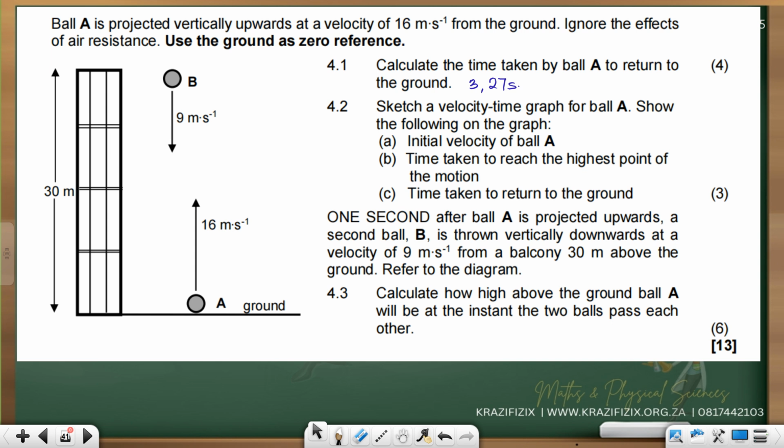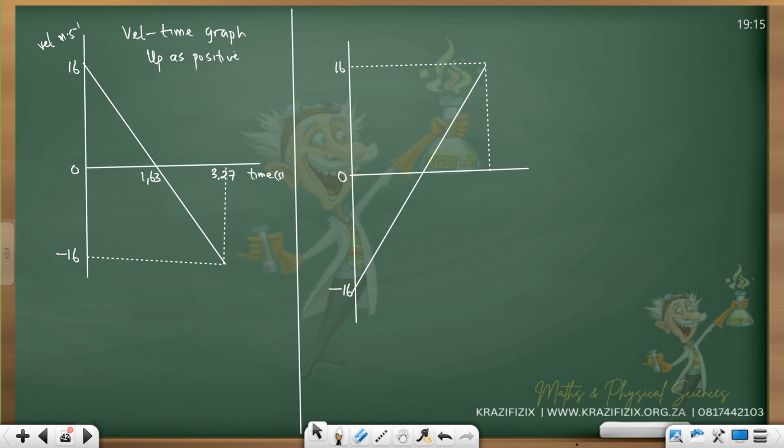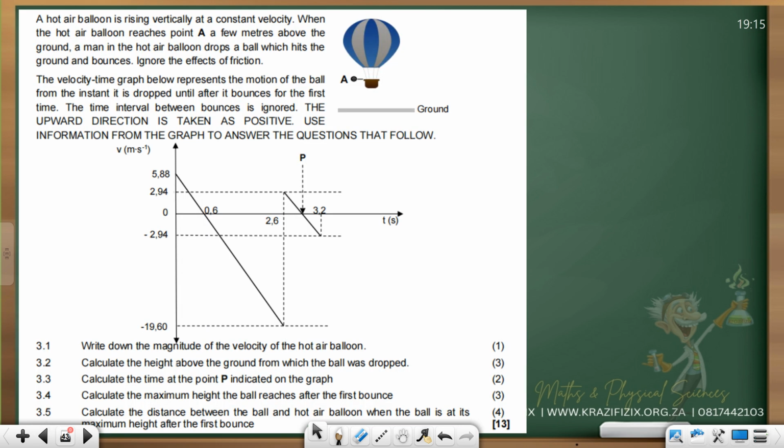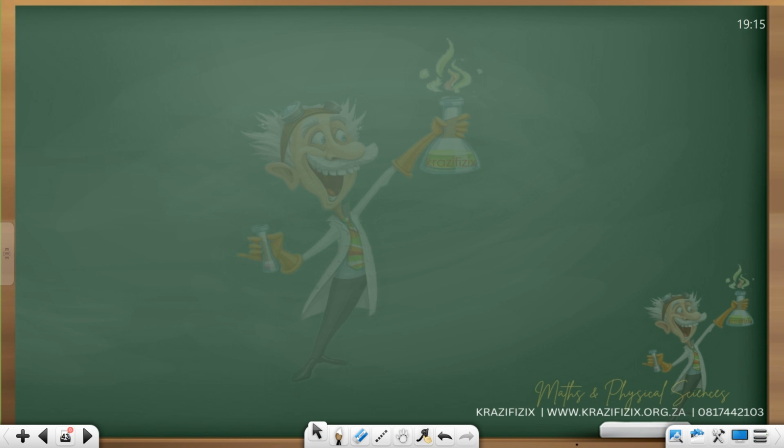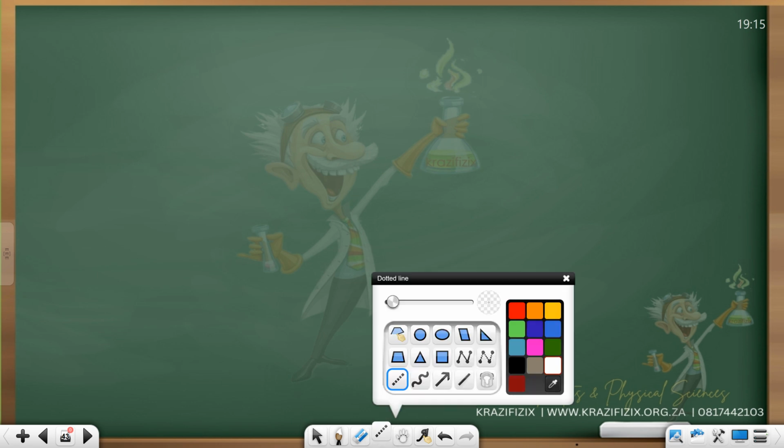Calculate how high above the ground ball A will be at the instant the two of them pass each other. Can I create a quick sketch for you? What would I do with this question?